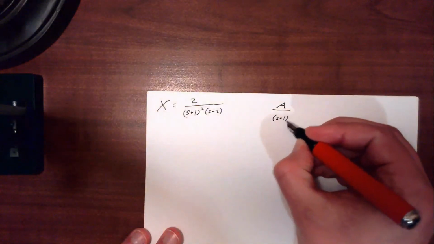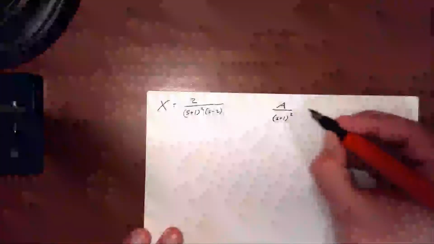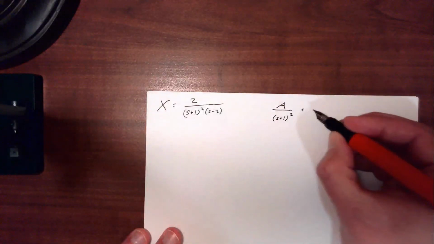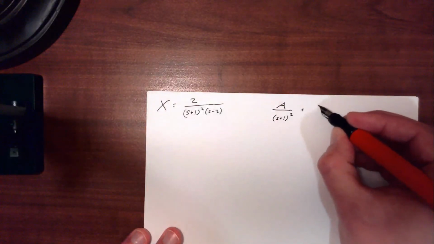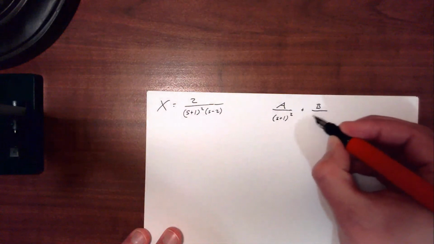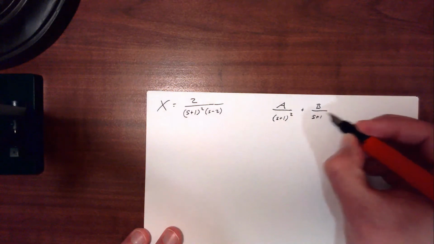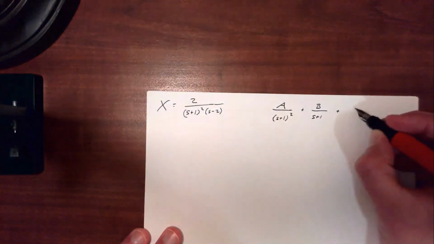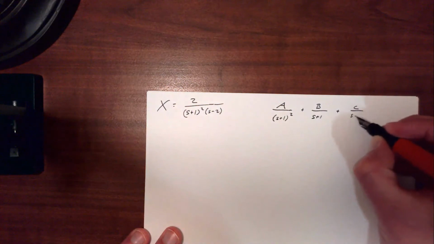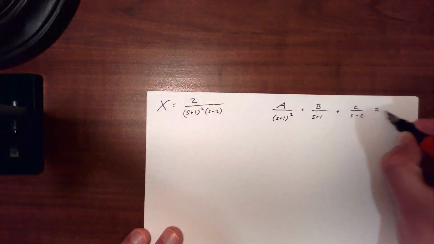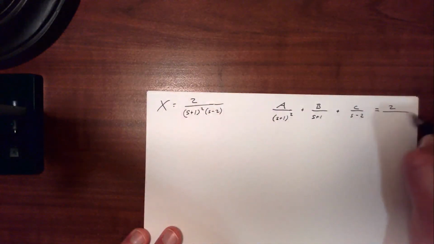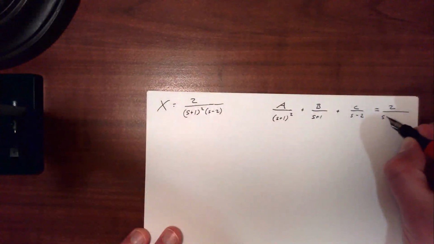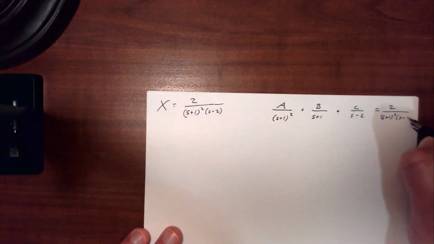So s plus 1 squared, since we have a squared factor in the denominator here, that means what we need is to duplicate this term with the different powers of s plus 1. And then the other one is just going to be c over s minus 2, and that's going to equal 2 over all of these factors, s plus 1 squared, s minus 2.